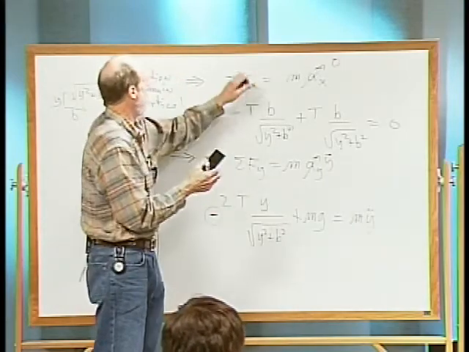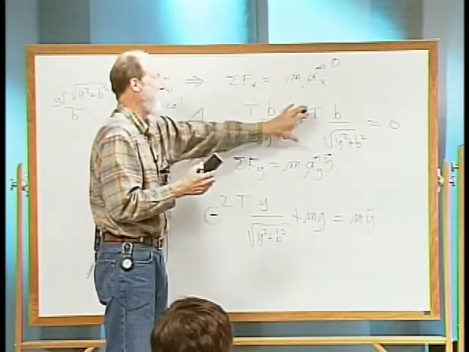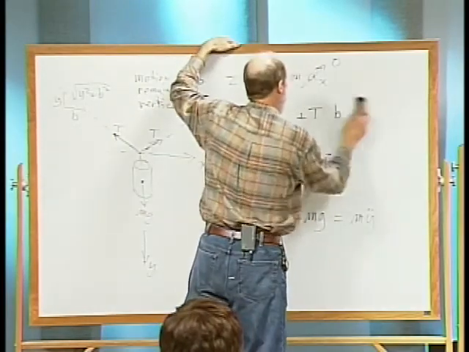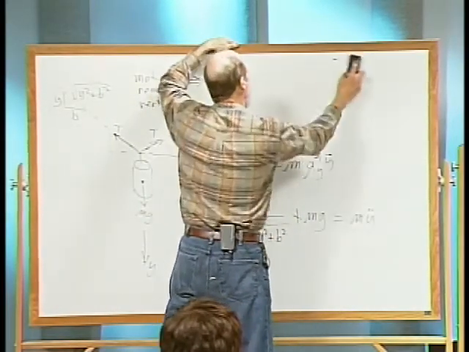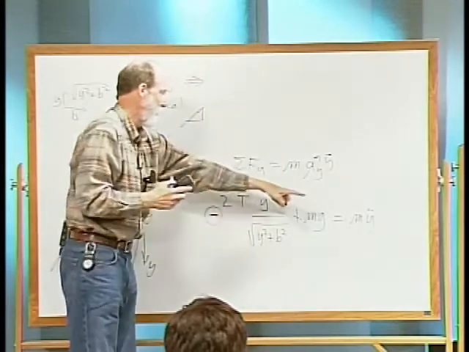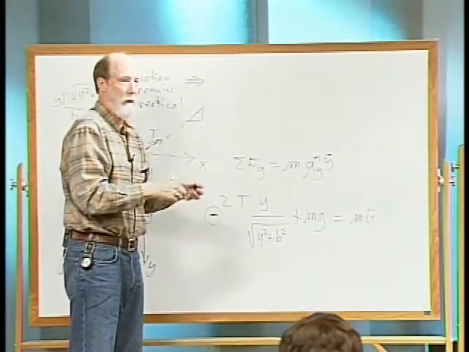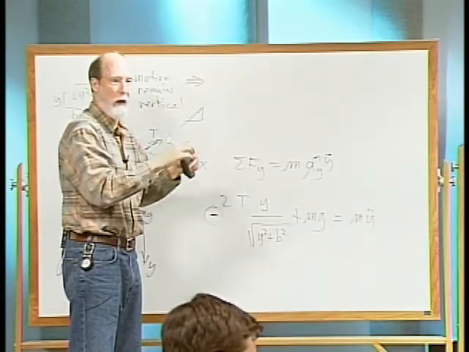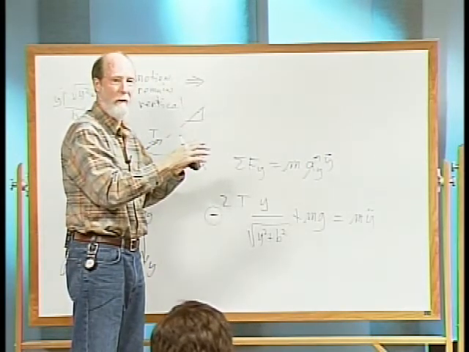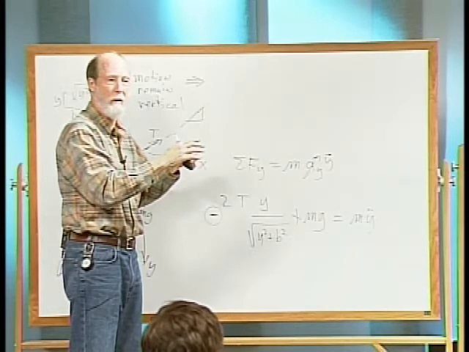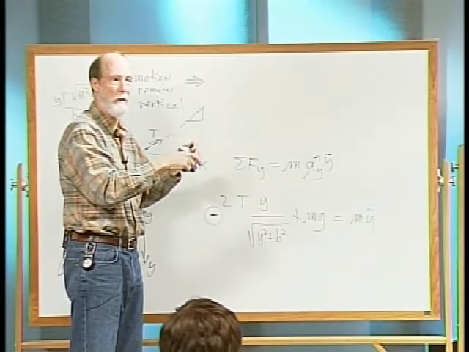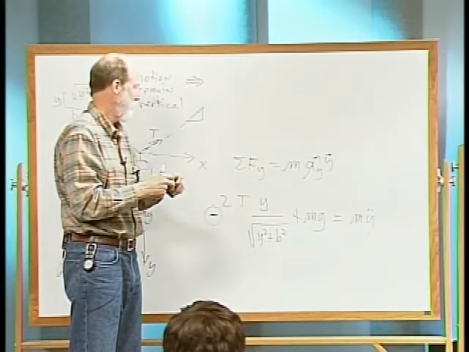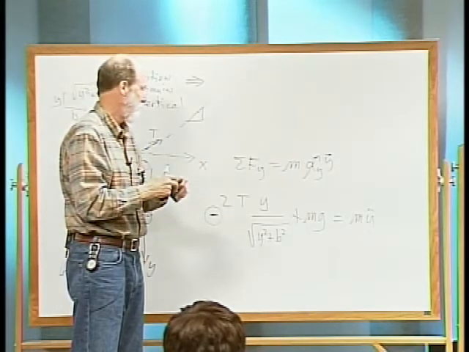So I'm going to erase the x stuff because the x stuff was just equally balanced. I don't need that. So we have this equation. Now, what kinematics did we have from the cable length? What did that tell us? That's y double dot with y triple dot.